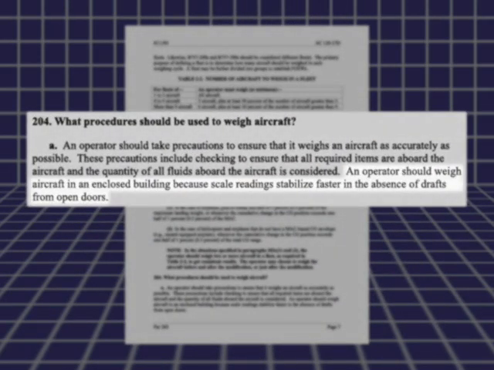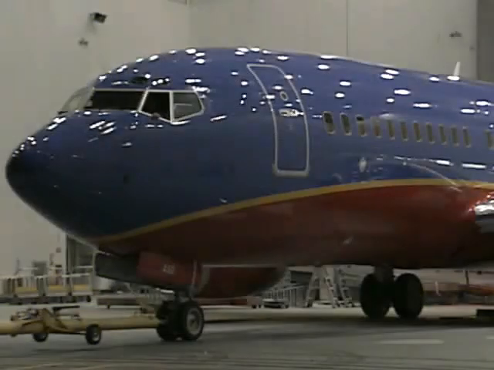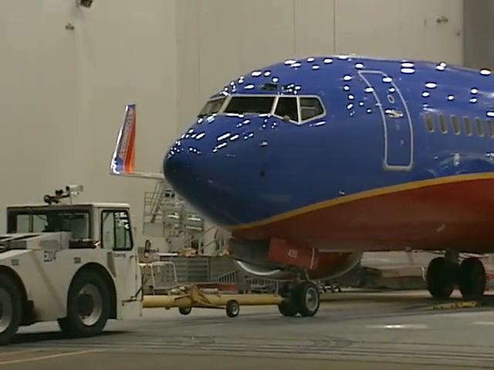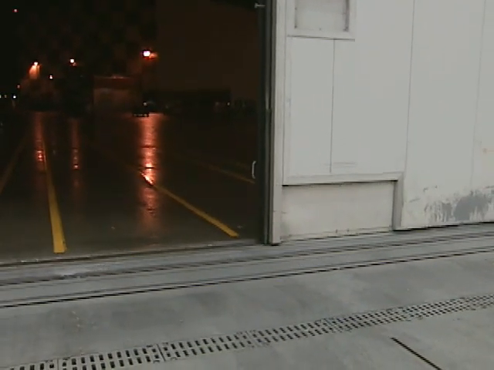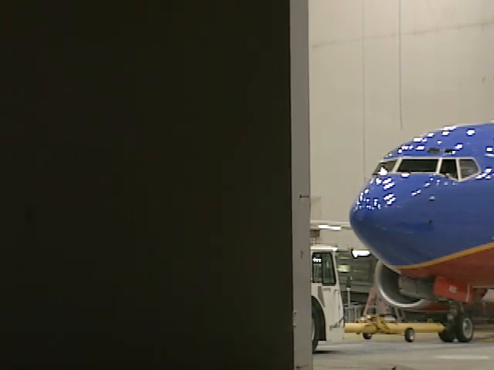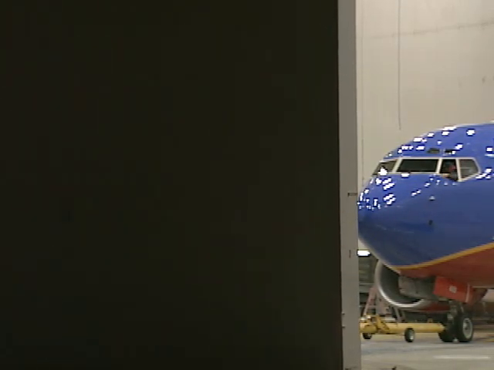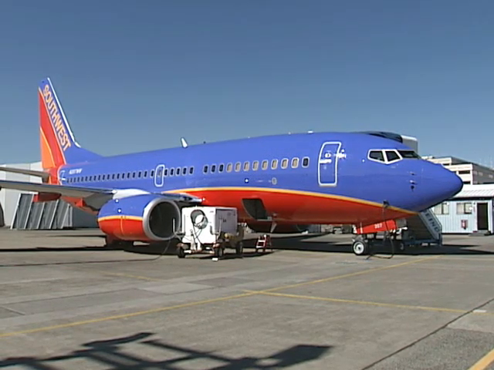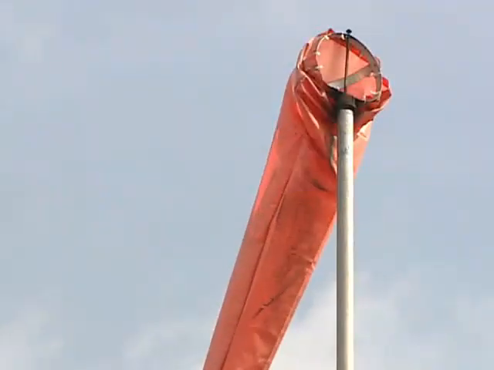Now let us discuss the location of the airplane during weighing. FAA Advisory Circular 120-27D advises that you should weigh airplanes in an enclosed building because scale readings stabilize faster in the absence of drafts from open doors, and that's the way Boeing does it for all 737, 747, 757, 767 and 777 airplanes.